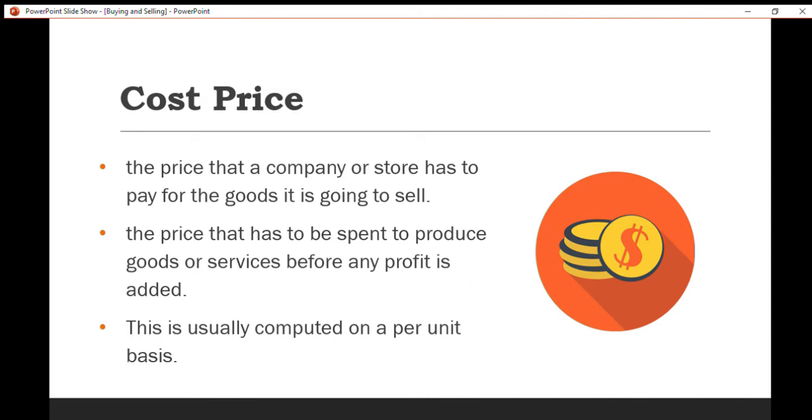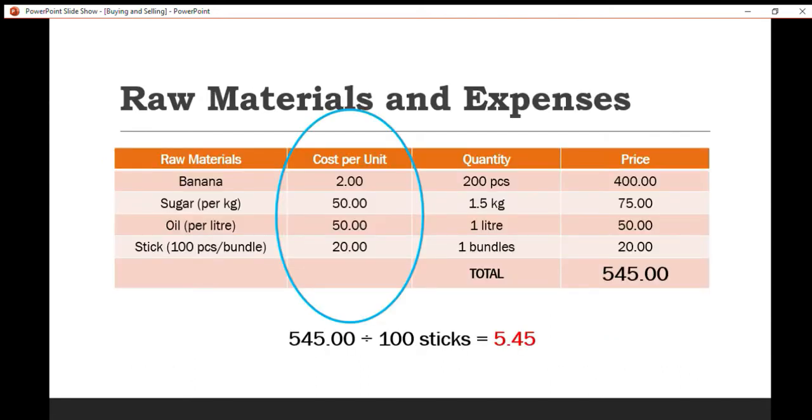Ang cost price natin na gagamitin for computing is yung raw materials lang. Okay? So yung cost per unit. Ito 'yon. So magkano yung magagamit natin. Pero since siya ay hindi per banana or per unit talaga, kasi yung sugar, hindi ka naman gagamit ng 50 pesos na sugar para lang sa isang banana. So what's better is to look at the final price, which is 545 pesos, and then divide it to how many commodities would you be able to create.